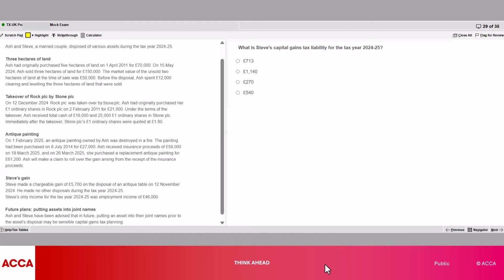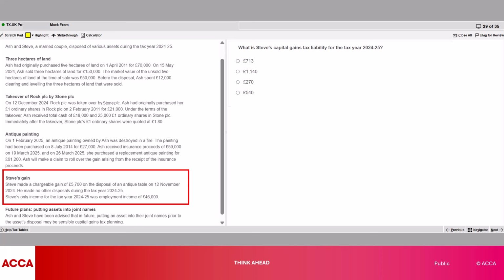The next one is what looks like quite a straightforward calculation of Steve's capital gains tax liability. The information tells us that he's got a chargeable gain on the disposal of a table, but no other disposals, so we know that his annual exempt amount will be available. And then his income is employment income of 46,000.